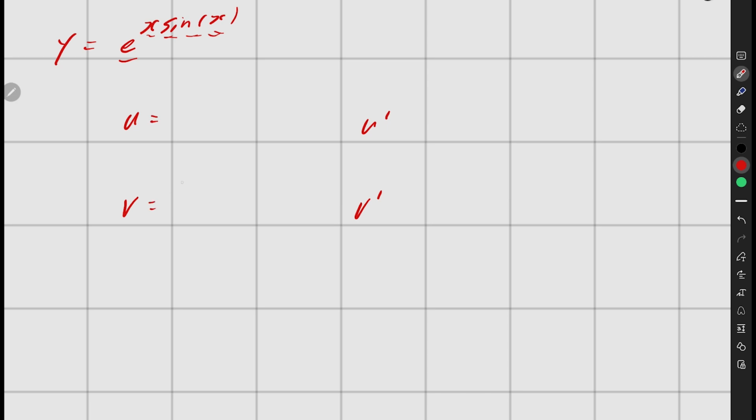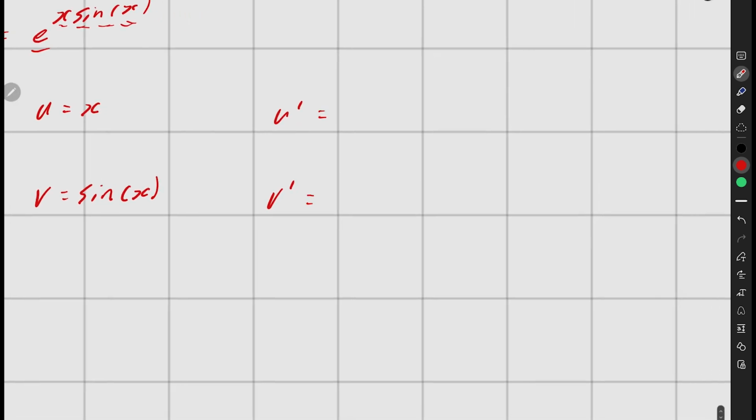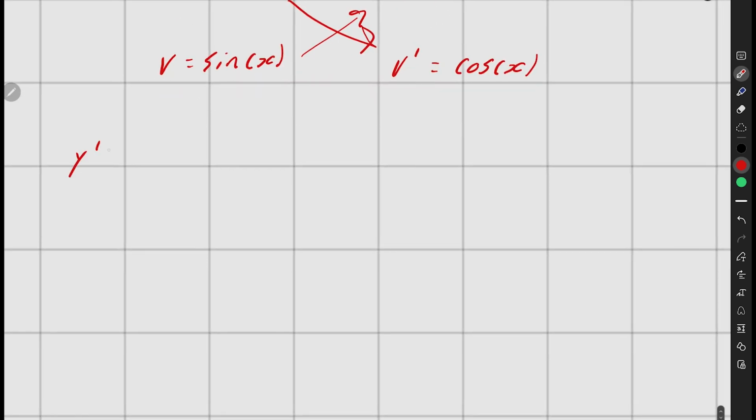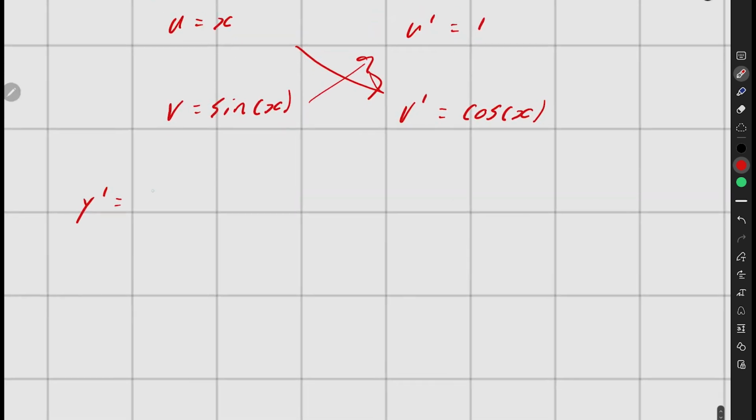So again, u equals x, v equals sine of x. And let's set u dash. We know x is going to differentiate to 1. V, which is sine x, is going to differentiate to cos of x. So we know our product rule is v times u dash plus u times v dash. So we can say y dash equals, and remember, because we're multiplying the whole derivative by e, we're going to make some brackets.